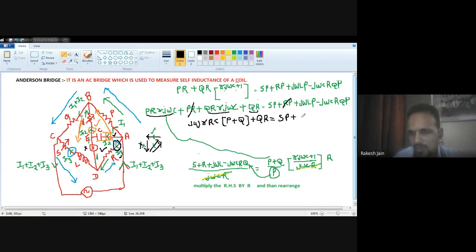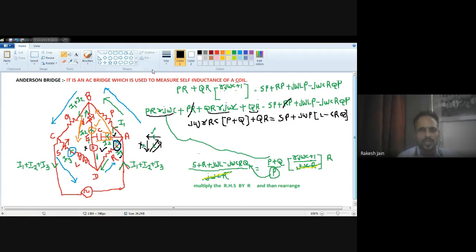Okay. So j omega LP minus, if I put the j omega outside, j omega is common and P is common. So L minus j omega and P is common. So C, R and Q is outside.